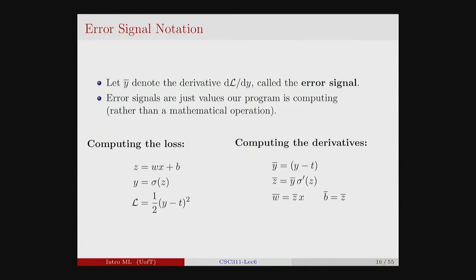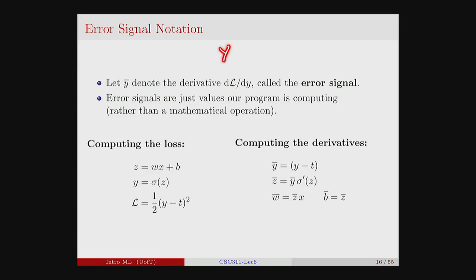In order to see how to algorithmatize this idea of sharing computation of the derivatives, we're going to need a little bit of notation. The notation that we'll introduce here is what's called the error signal notation. Whenever you see this y bar, you're going to substitute it by dl by dy.